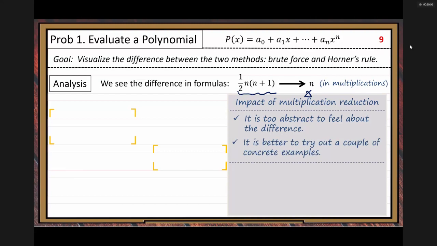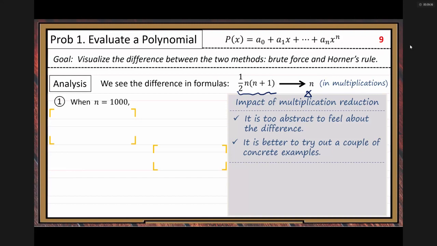It is better to try out a couple of concrete examples here. So let's do a couple of experiments to let us feel the difference between these two methods. The first experiment: let's try n equals 1,000, a 1,000 degree polynomial. How many multiplications do we need?